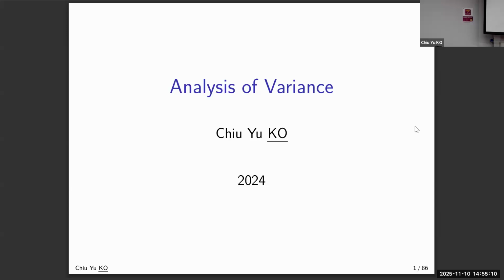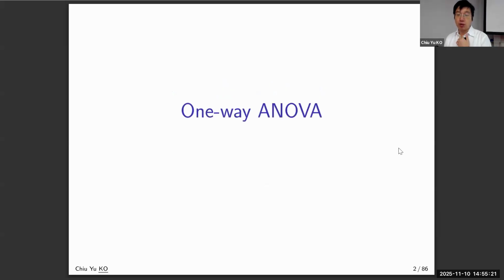If you ever take 2121, then ANOVA is included there. Two-way, if I have time, we'll come back at the end of the semester, after I cover regression, but for now just one-way.